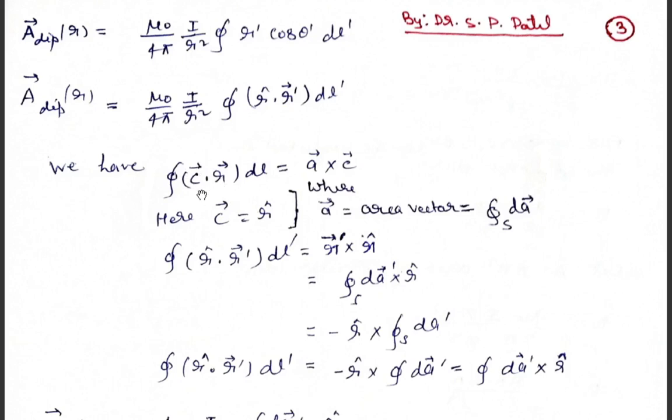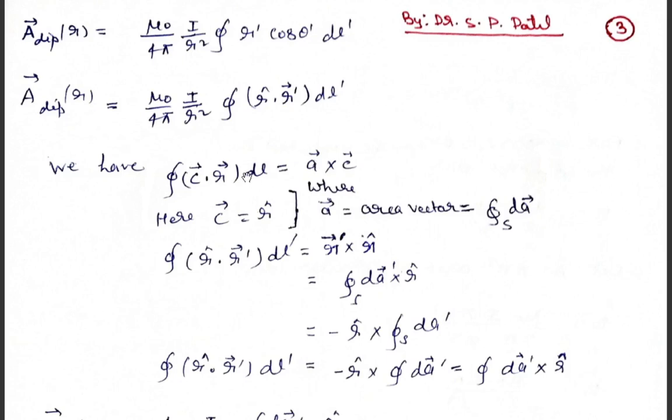So if you have a vector, and you take the dot product of that vector with the position vector, and do the closed line integral over a closed path, that will always be equal to the cross product of the area vector with that particular vector, that is vector c. This is given as a problem in Griffiths' first chapter. So this can be written as a vector cross c vector. Here the position vector is absorbed and this integral is also absorbed.